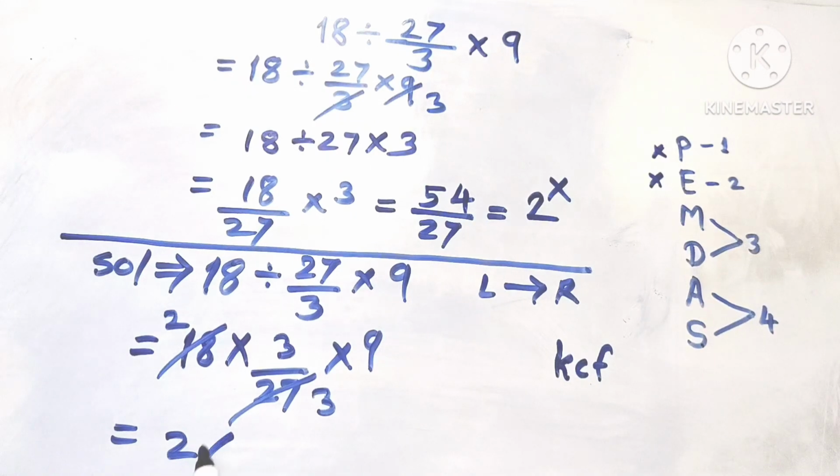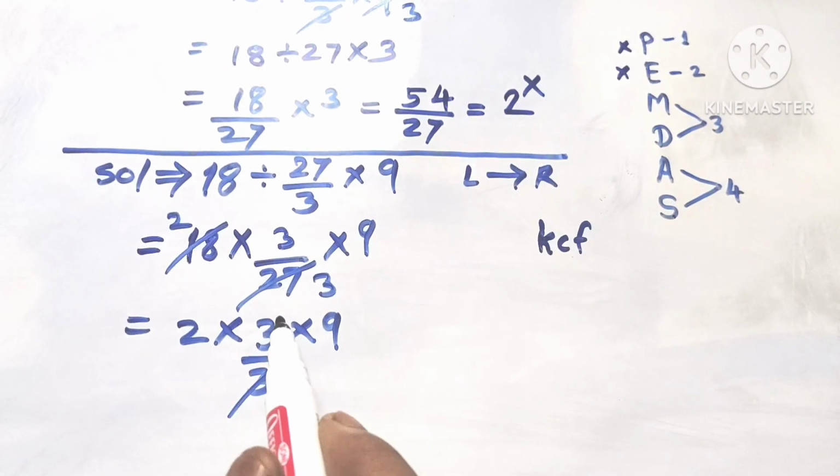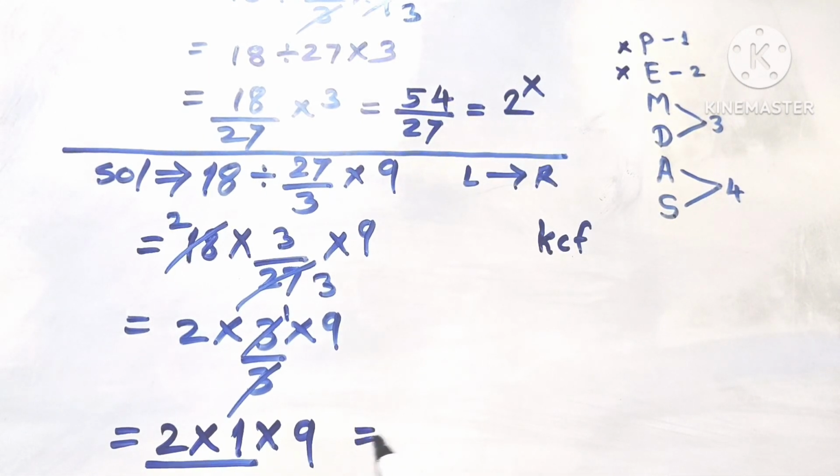Numerator multiplication is equal to 2 times 3 upon 3 times 9, which is equal to 2 times 1 times 9, which is equal to 2 times 9.